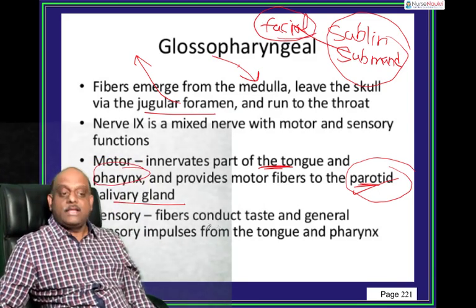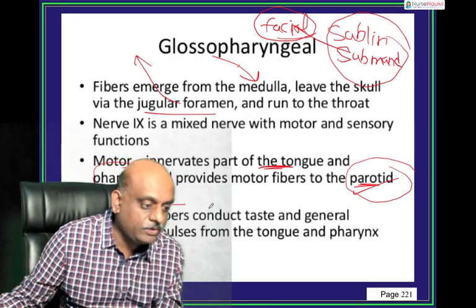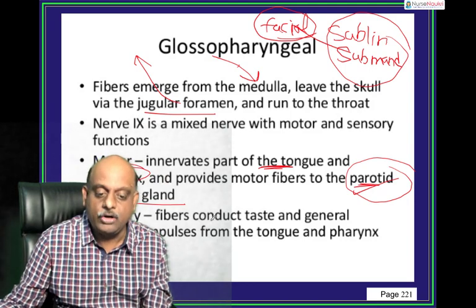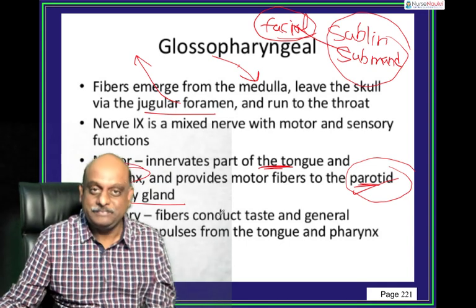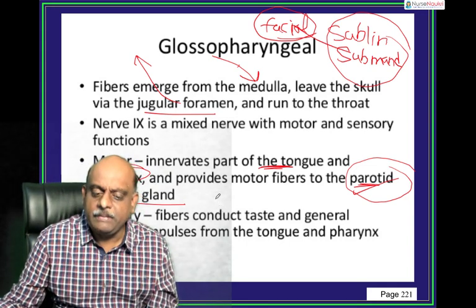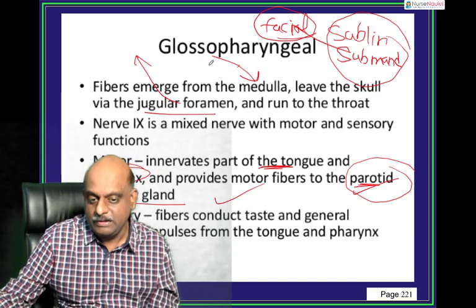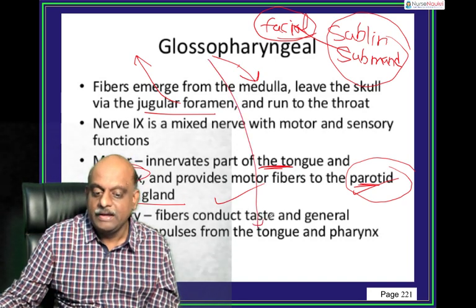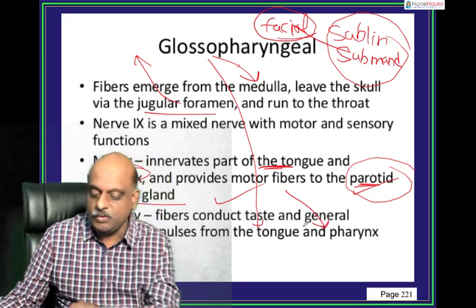Now, the sensory fibers, that's right. Ritu rightly says, otic ganglion is the buzzword that you need to remember. The sensory fibers conduct the taste, and also the glossopharyngeal is responsible for the sensory impulses coming from the tongue and the pharynx is what you should remember.